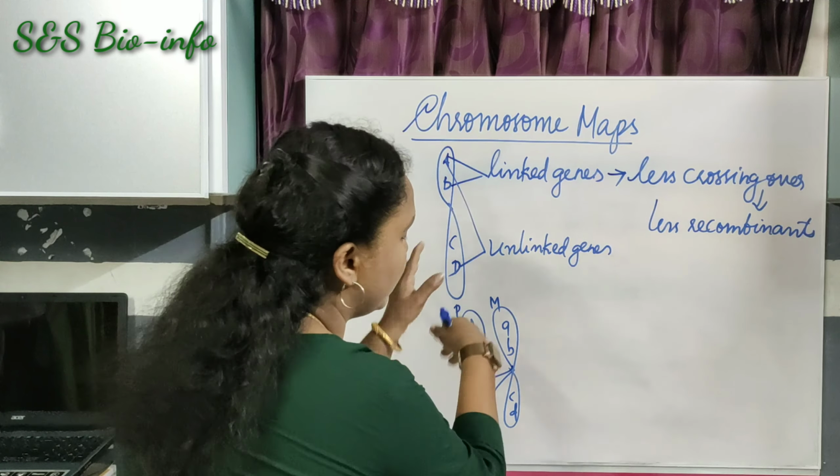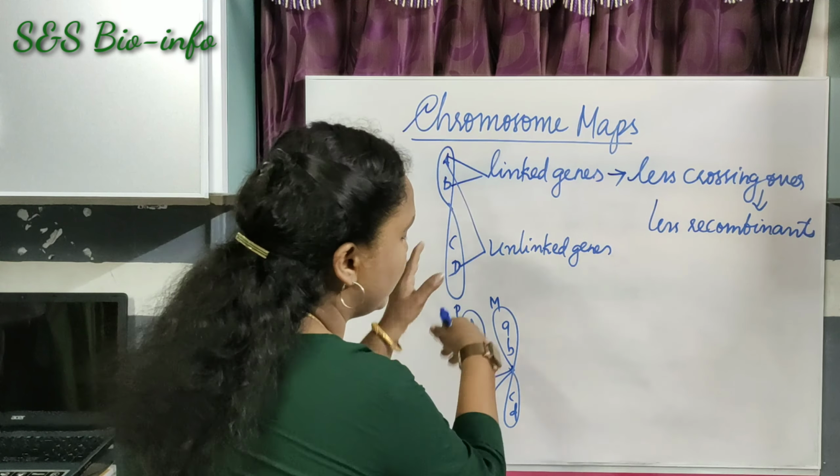They stated that the frequency of recombination of 2 linked genes on a chromosome is directly proportional to the relative distance between them. The frequency of recombination can be measured by using a particular equation.